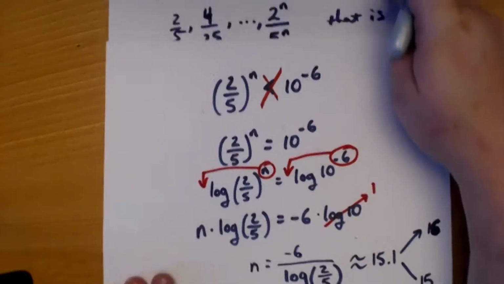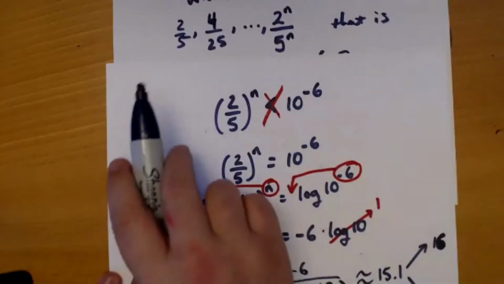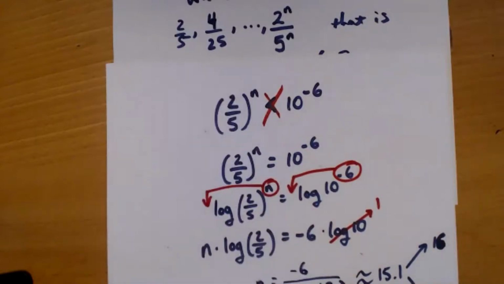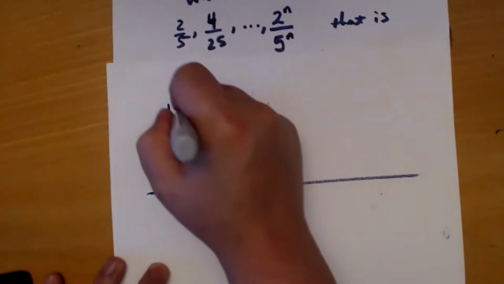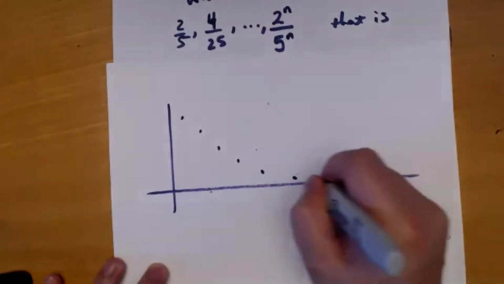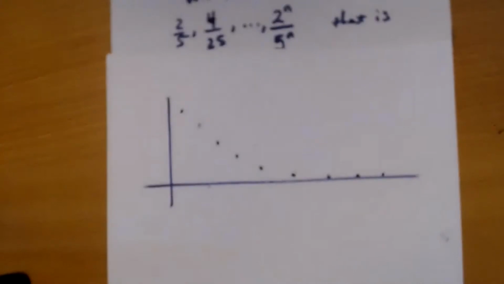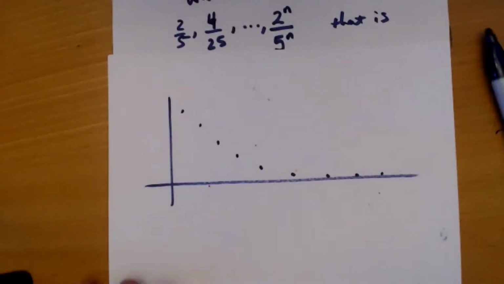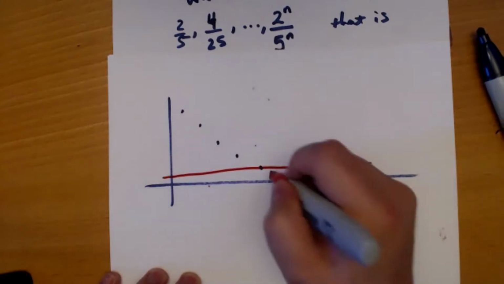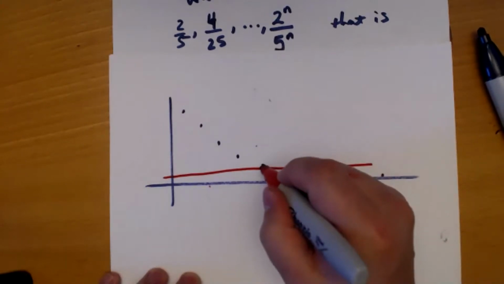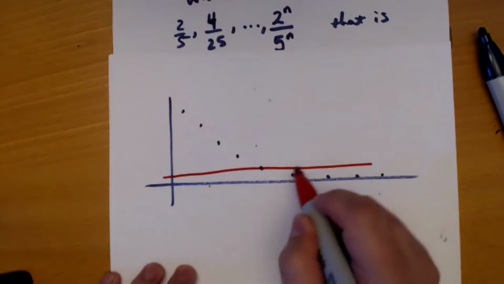Here's how you tell. Look at your sequence. Is my sequence getting bigger or is my sequence getting smaller? Smaller. Yeah. So if we were to actually think about that graph for a moment, it would look something like that. And at some point we are below, and I shouldn't have made it hit, but whatever, my artwork sucks.